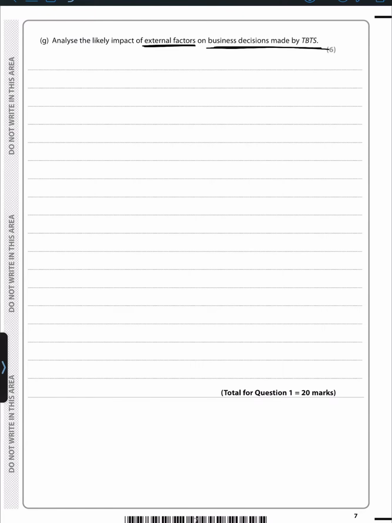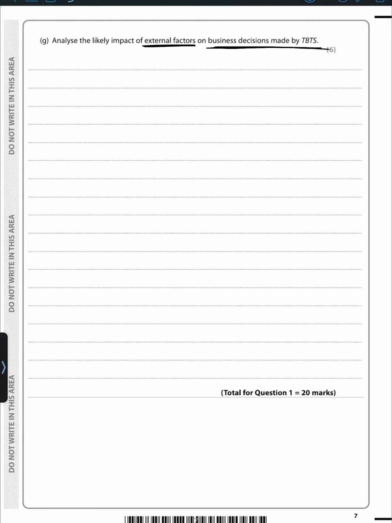So we could firstly say that social factors are external factors because we don't control the changes that come about in a society. So we could say that social factors can help TBTS to understand the changes that customers show in the society, and it could be that they might be demanding more environmentally friendly toys. That is one point. And it would impact its decisions.